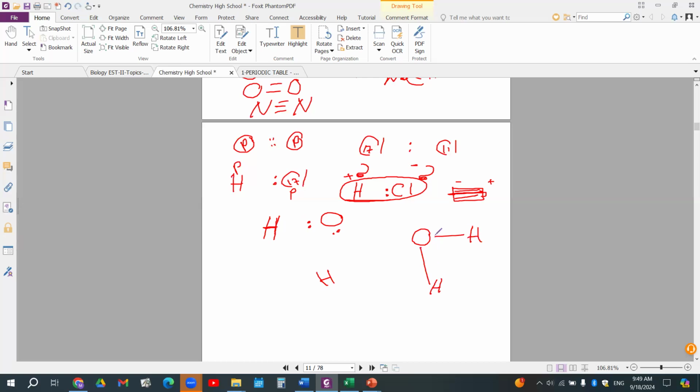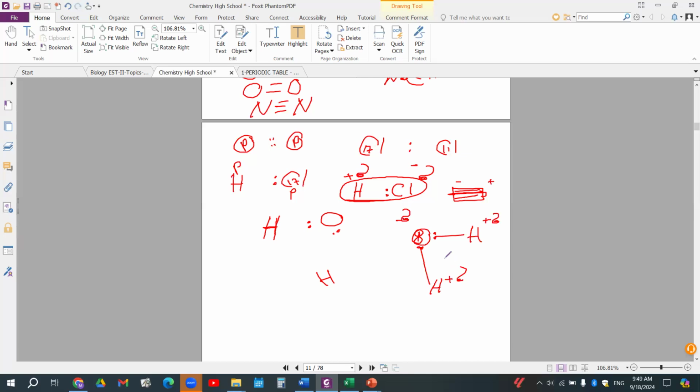But the electrons are attracted to the 8 protons. Here only one poor proton, but here 8 protons. So the electrons will be attracted here. So the oxygen side will be slightly negative. The hydrogen side will be slightly positive.